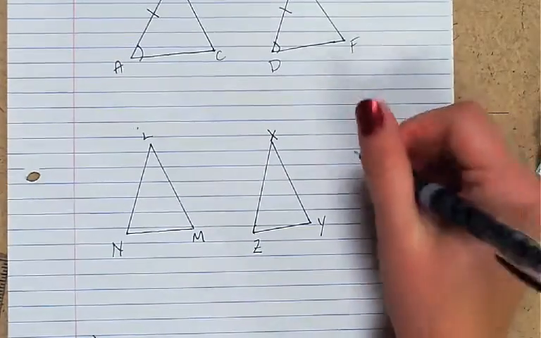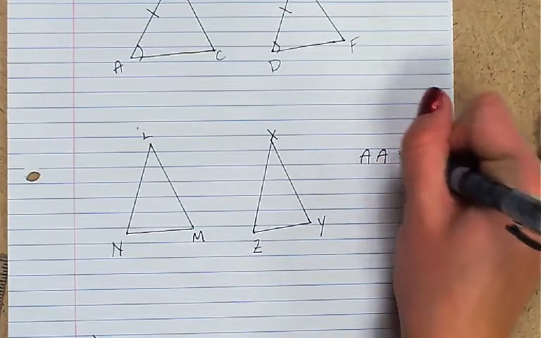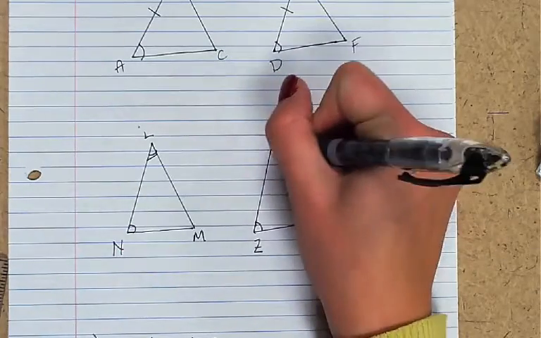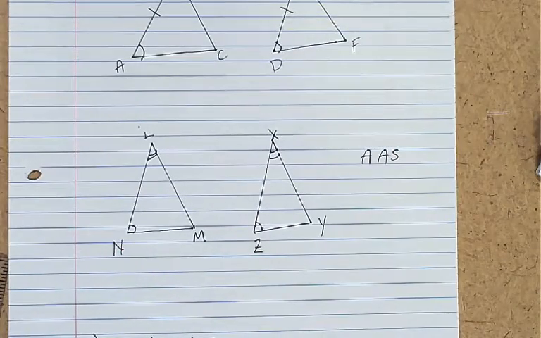The second one, let's get some markings in there. Let's say that we know that angle N is congruent to angle Z and angle L is congruent to angle X. If we wanted to use AAS, the side would have to be just not the one that's in between.